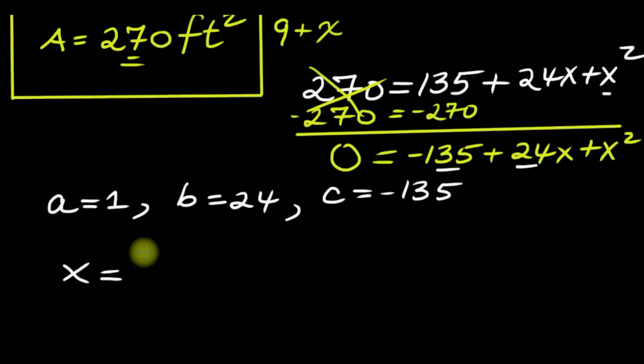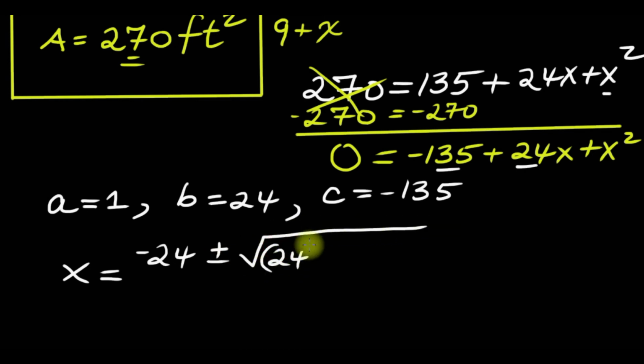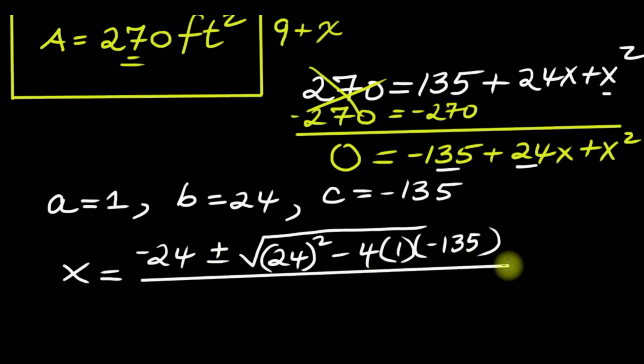First number is opposite of b, so opposite of 24 is negative 24. Plus or minus square root of 24 squared, take away 4 times a times c. Then that whole thing divided by 2 times a, so that's going to be just 2 times 1.